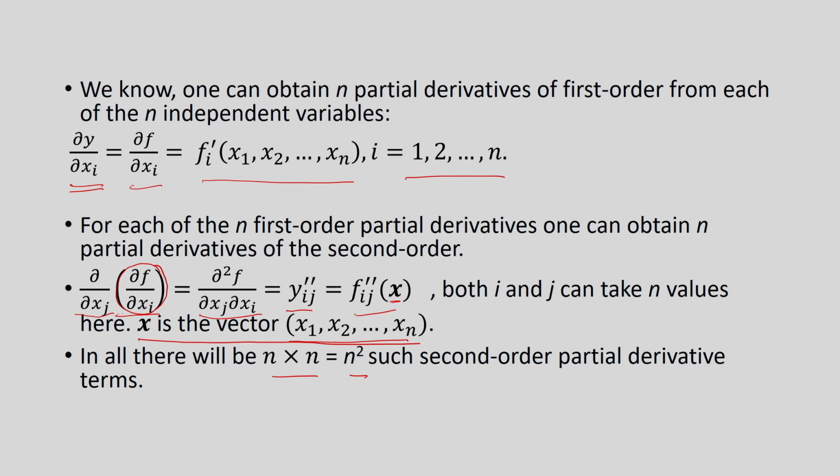From each of the n independent variables, you get one partial derivative of the first order, and from each of the first order partial derivatives, you can further differentiate partially with respect to n independent variables, and so from each of the n you get n more second order partial derivatives. So, in total n multiplied by n, equal to n², such second order partial derivative terms are obtainable.